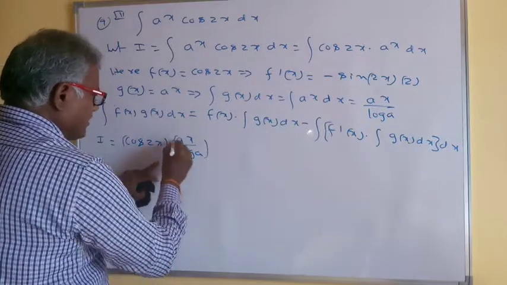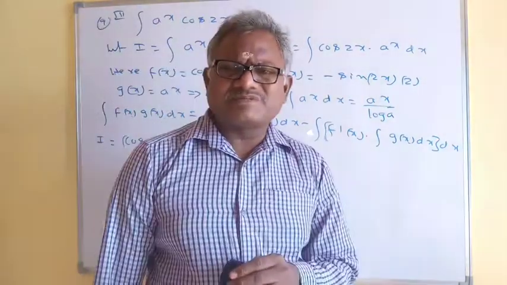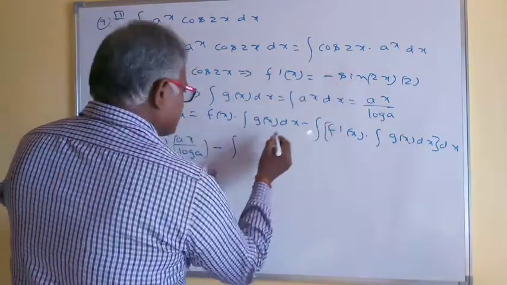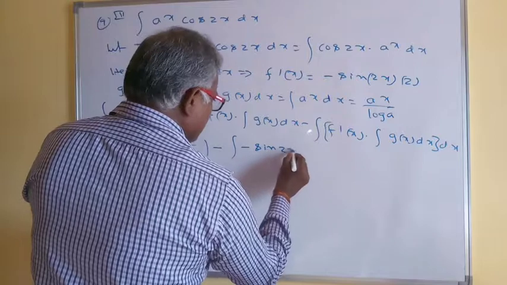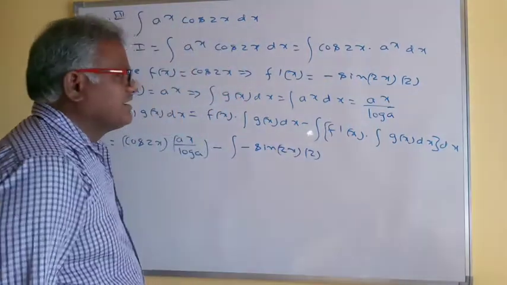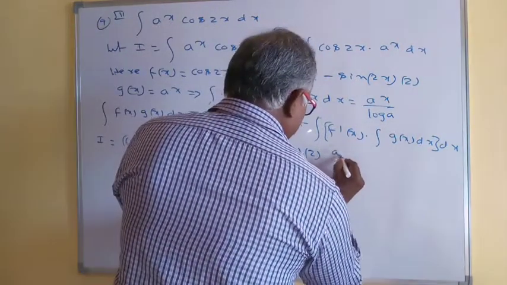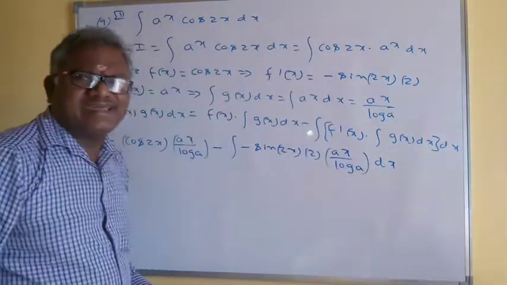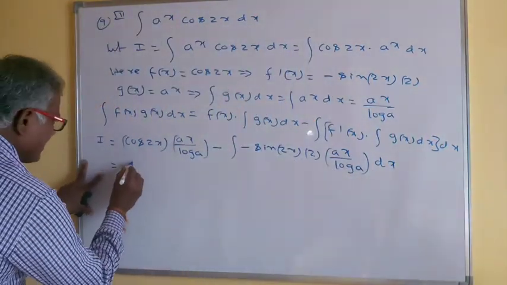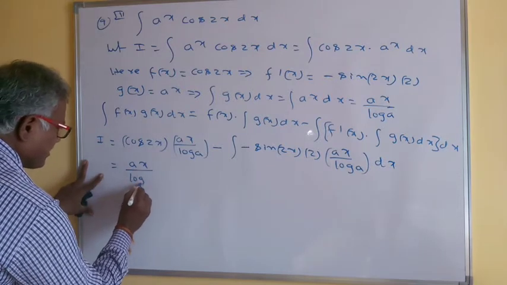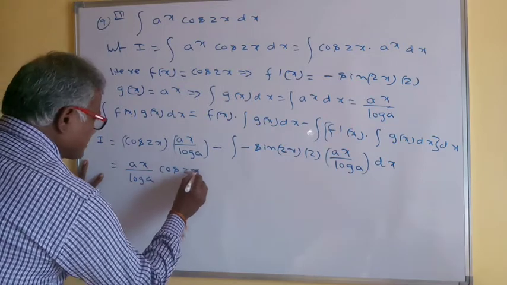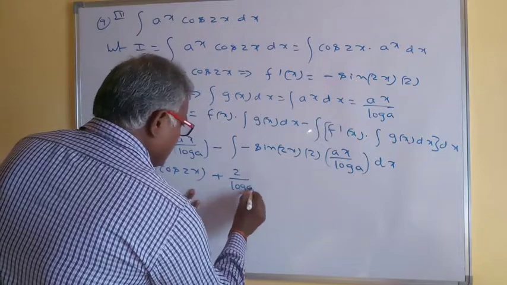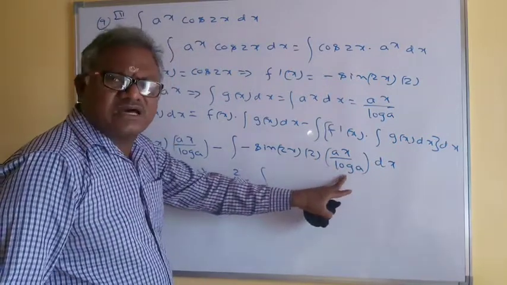Next, minus f dash x, which is minus sin 2x into 2, into integral value a power x by log a dx. Next, a power x by log a into cos 2x, minus and minus plus 2 by log a. 2 is constant, log a is constant.